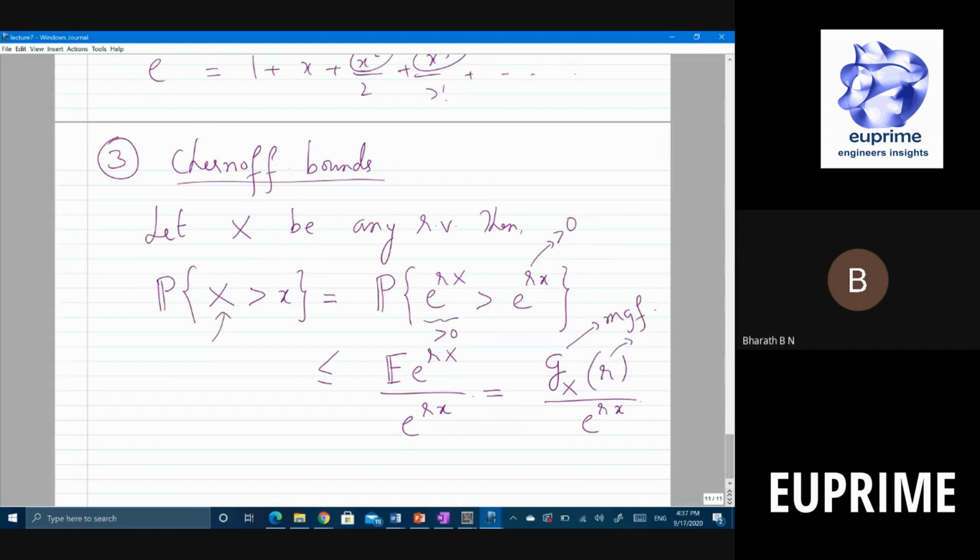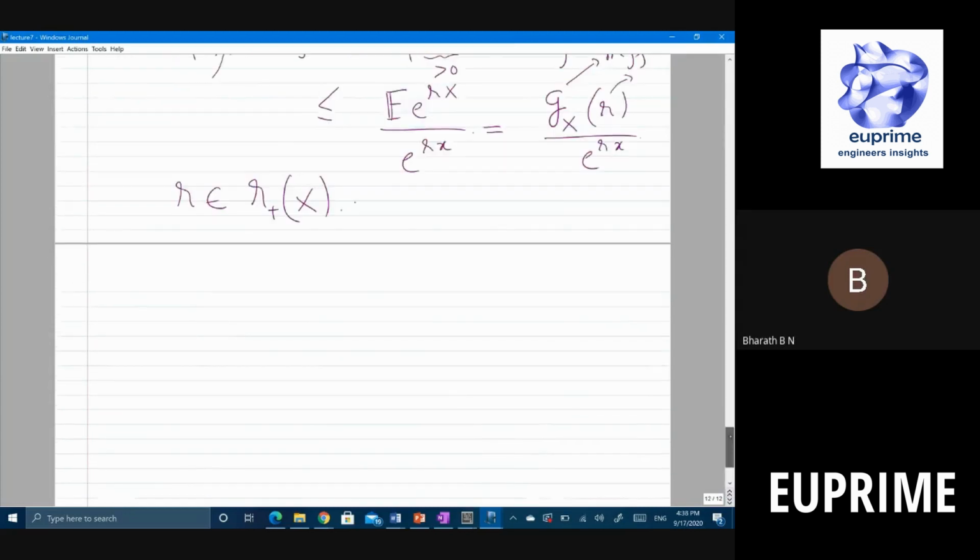So when will the moment generating function exist? r should belong to R plus of X. Then this particular thing exists, right?